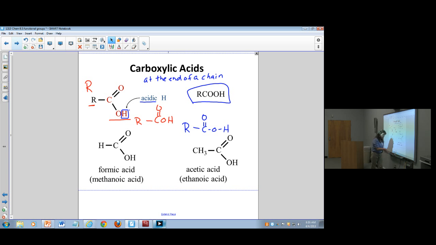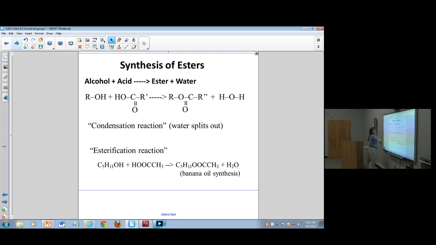Carboxylic acids are at the end. Now, I can take an alcohol and some kind of an acid, and I can make another carbonyl group called an ester. All right, so in this case, I have some alcohol, and I have some acid.